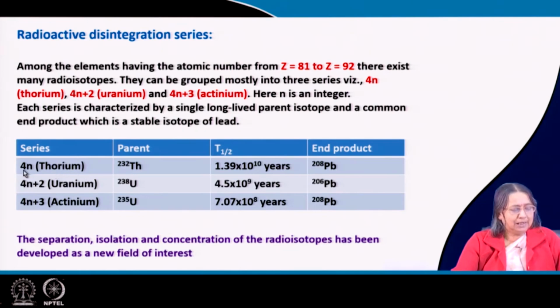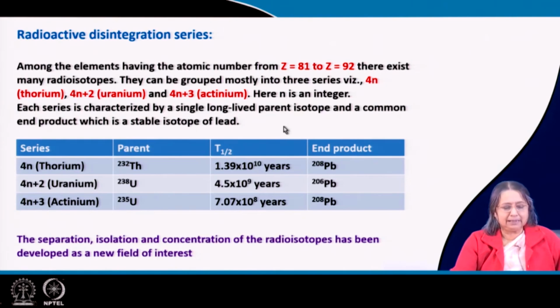And what is 4N, 4N plus 2 and 4N plus 3? If you divide this atomic mass number by 4, you will see that it comes as 4N, 4N plus 2 and 4N plus 3. So, thorium, uranium 238 and uranium 235. This is also called the actinium series. Now, T half.